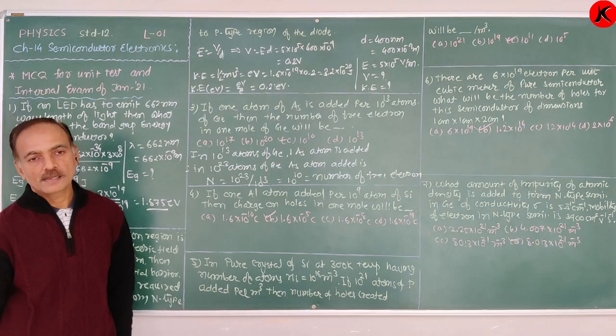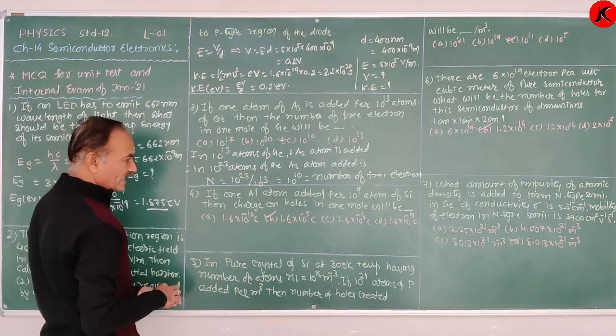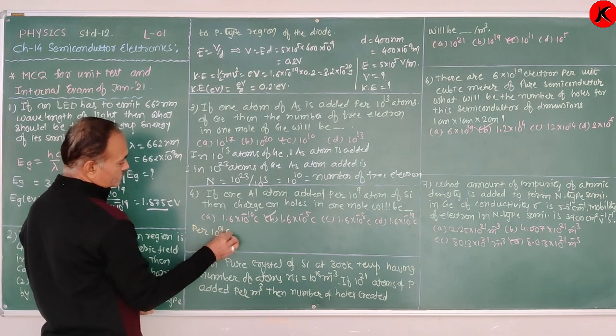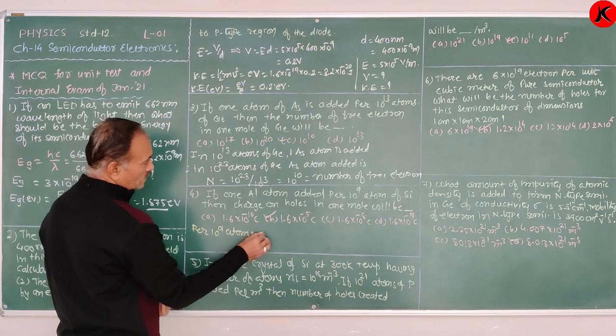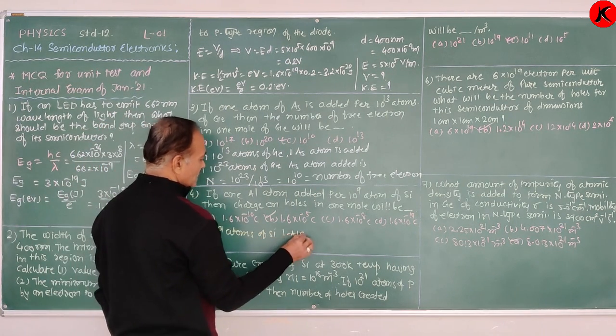in 1 mole. Therefore, we can add like this: in 10^9 atoms of silicon, one aluminum atom is added.